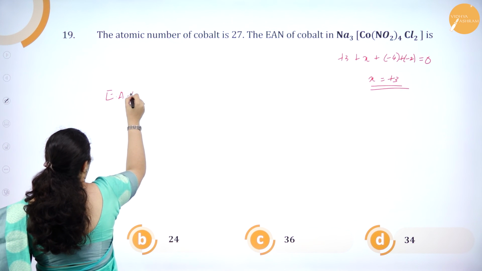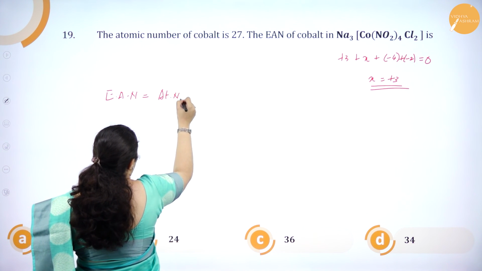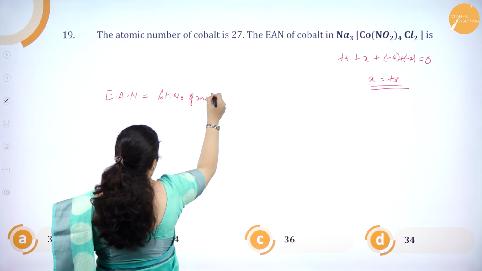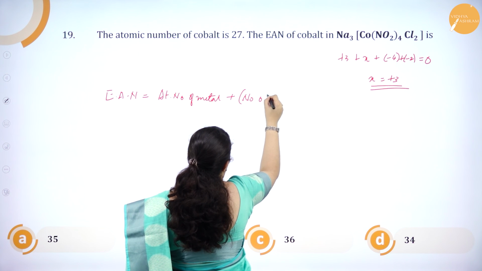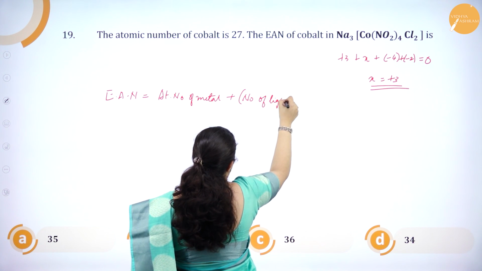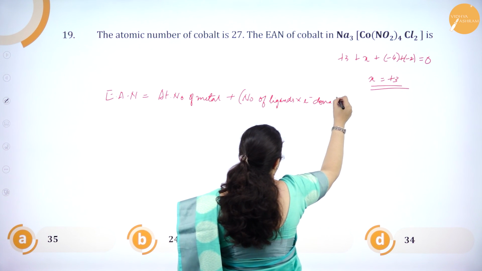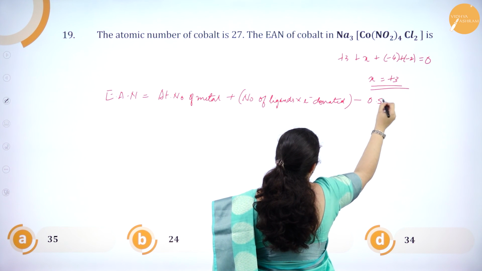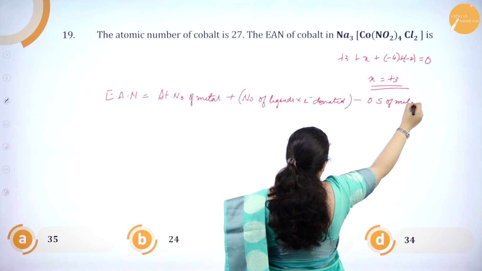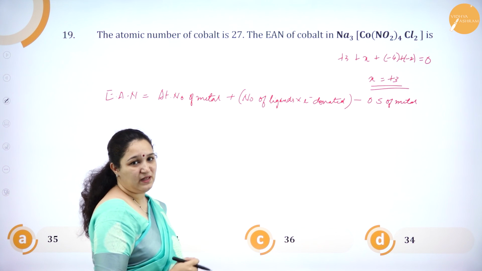For those who don't know what EAN is, first it is the atomic number of metal plus number of ligands into electrons donated, minus oxidation state of metal. Or this one I can also write as number of electrons donated by the ligands.